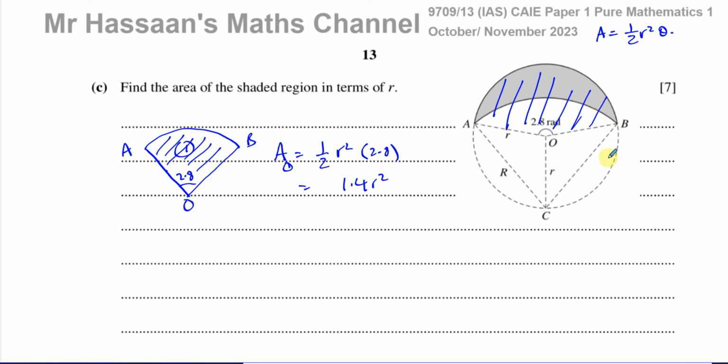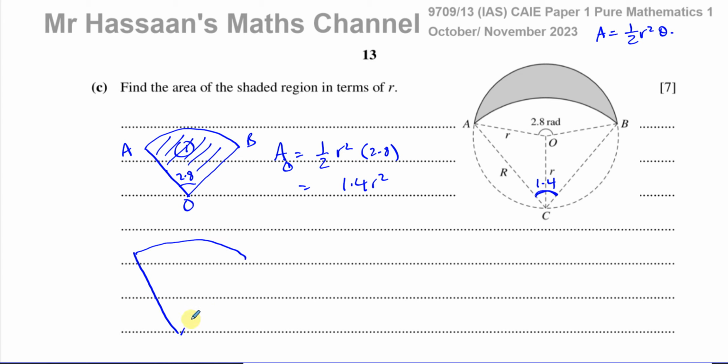Now what we need to do is take away from that the area of this part over here. I need to find what this area is for this AOB, for the lower arc, not for the bigger arc. For that, I'm going to use this angle, which, as we said, was 1.4, and this sector over here.